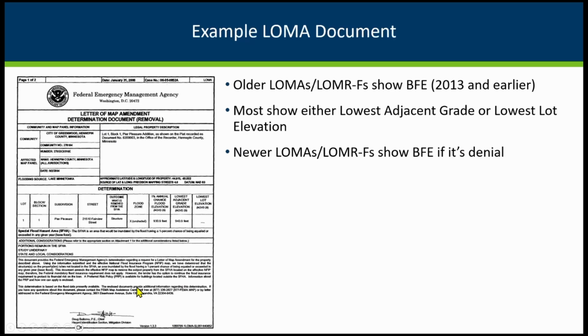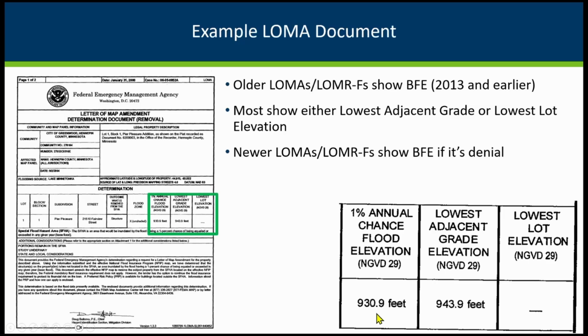this determination document. In this determination document, the older determinations, those that are about 2013 and earlier, they'll actually have the base flood elevation here. In newer cases, the FEMA documents will not show the BFE unless it was a denial.